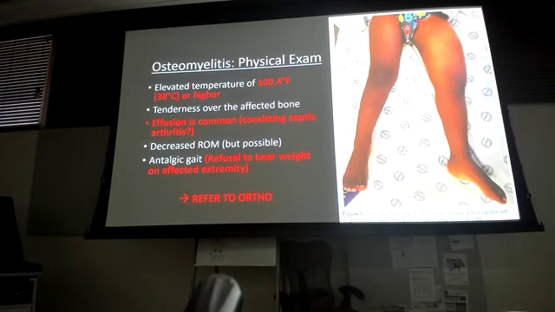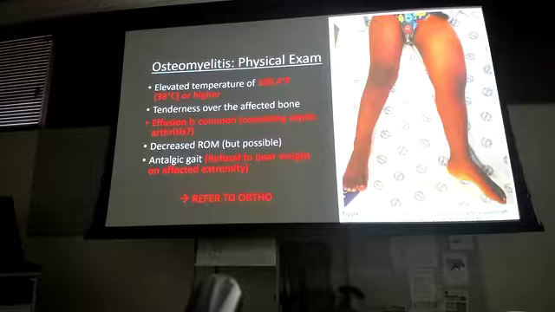Because not only is it the bone itself, osteomyelitis, bone infection, but now you've got a hip joint infection as well. So you have to have a high level of clinical suspicion to decide whether it's solely isolated to a bone, the bone marrow, or whether it has seeded out into, well, seeding is probably the wrong word, but it has violated, if you will, the joint capsule itself, and now you have full-on septic arthritis.